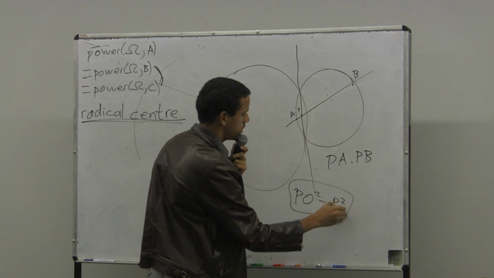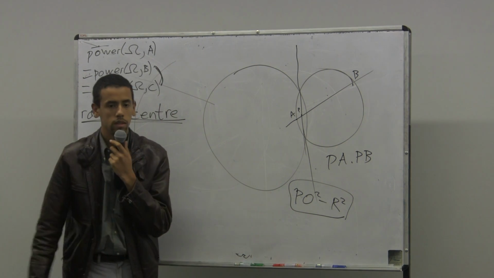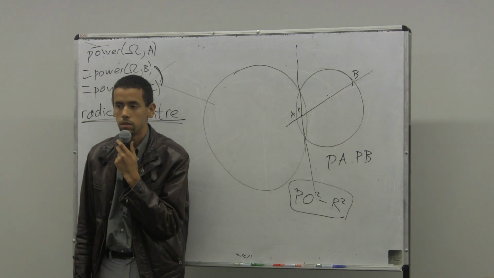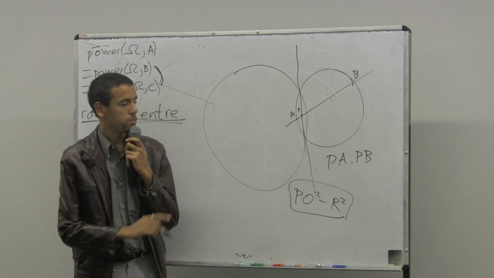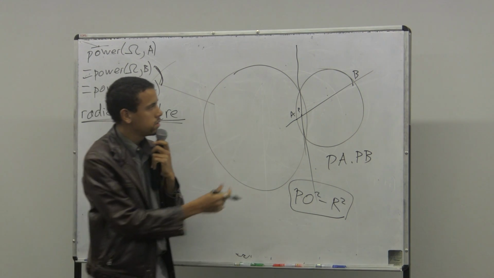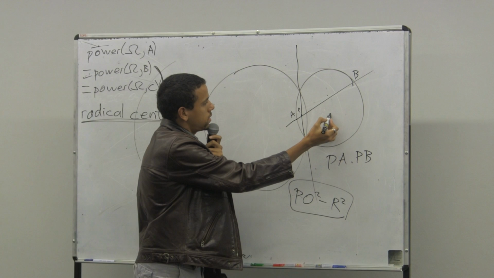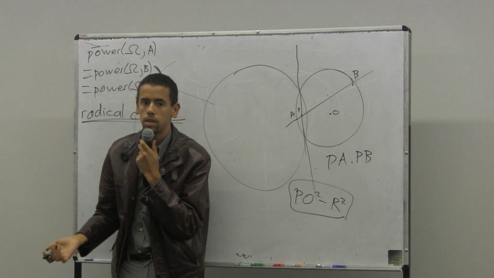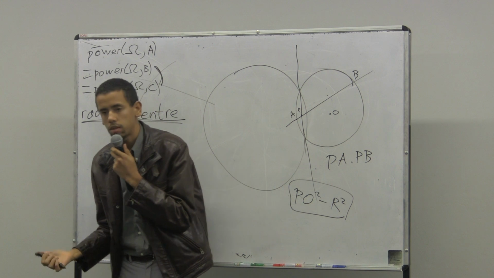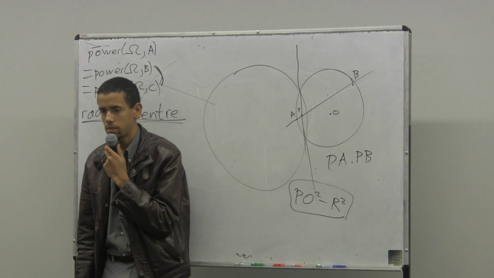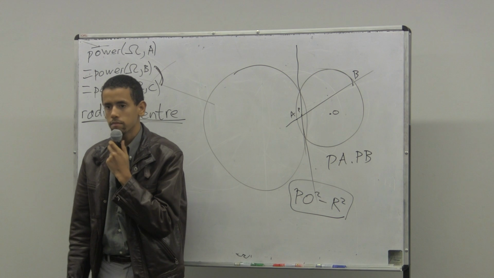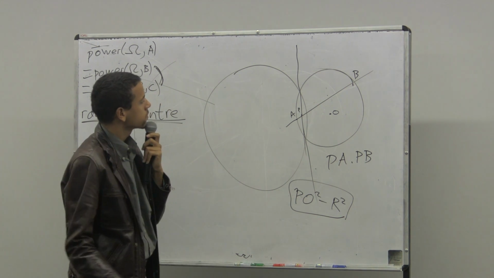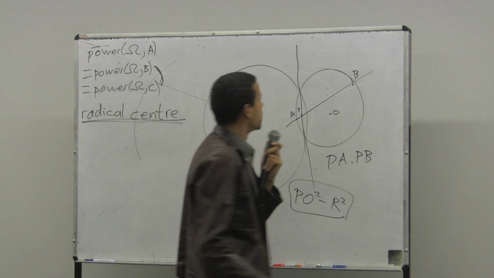And this formula doesn't care whether you're inside the circle or outside the circle. So if P is inside the circle, PO is smaller than R. So that's what happens when you're inside the circle. So PO squared is less than R squared. Cool. Just thought I'd mention that.